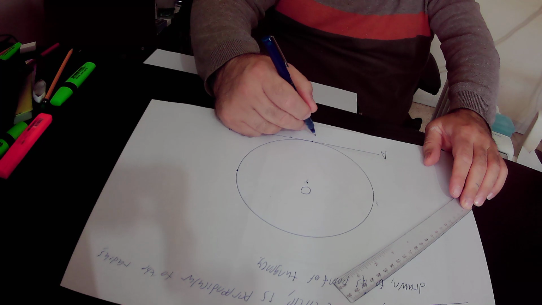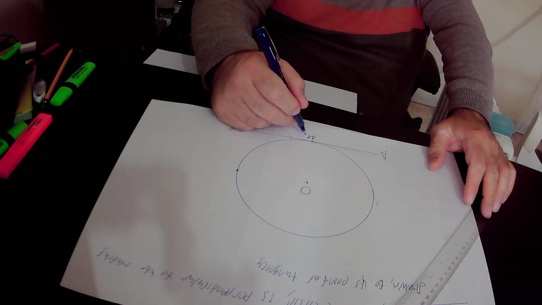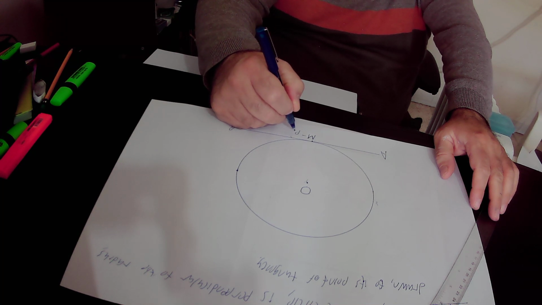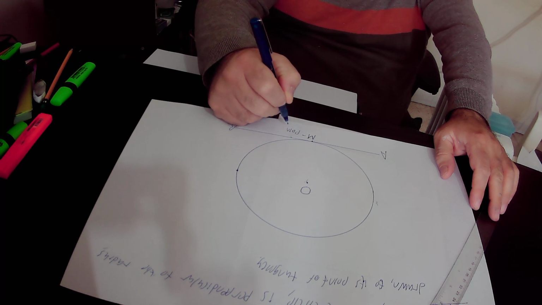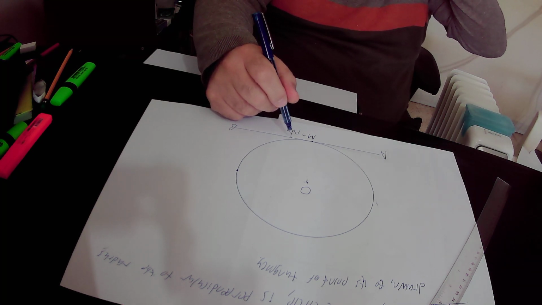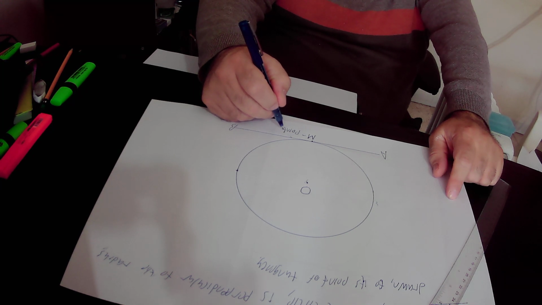We define this touching point, or the point of tangency, as point M. So M is the point where the tangent touches the circle, the point of tangency.